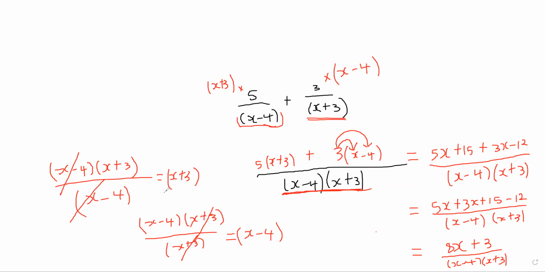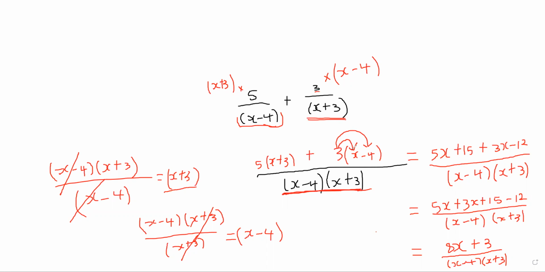We use the x plus 3, and we multiply it by the numerator. So we use the x plus 3 multiplied by 5, we get 5 open bracket x plus 3. This is basically telling me that they are multiplying each other, right? On this same side, we do the same thing and we get x minus 4, and we multiply it by the numerator, which is 3.